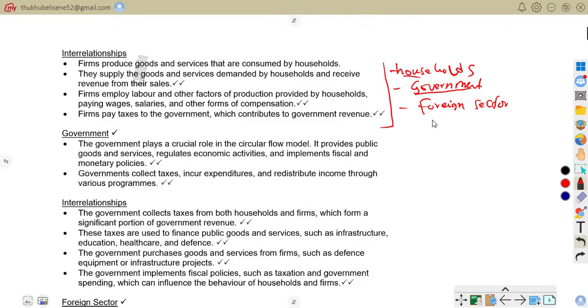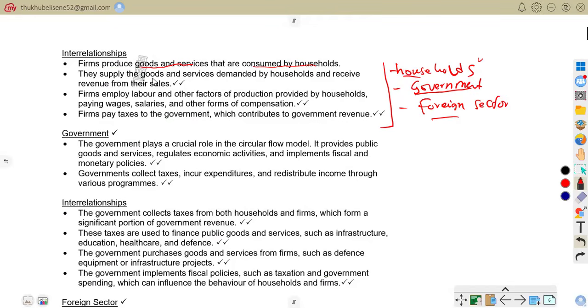With the foreign sector, firms export goods and import goods and inputs. Now let us make it clearer with the points given under this interrelationship. Firms produce goods and services that are consumed by households. That is the interrelationship when it comes to households.